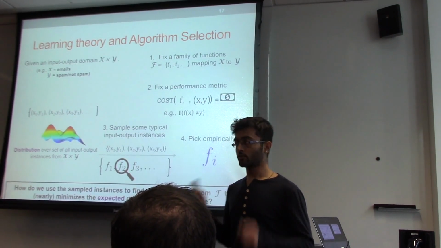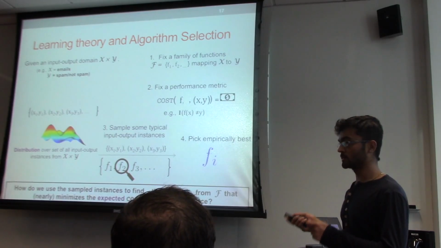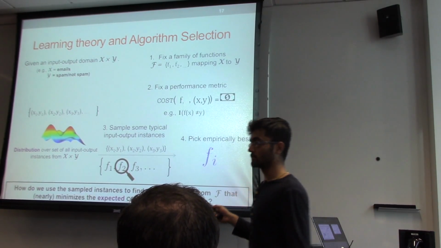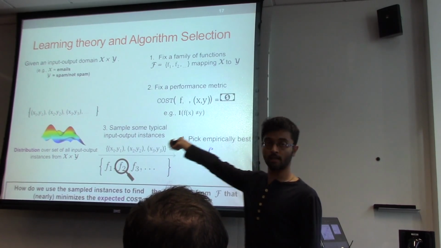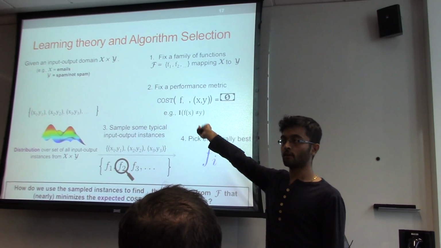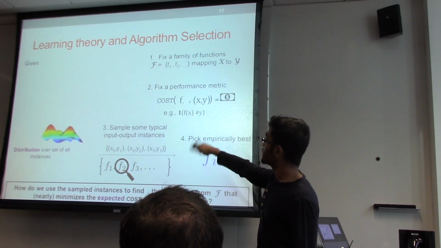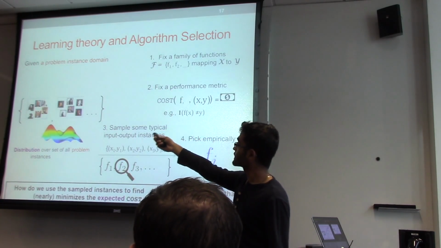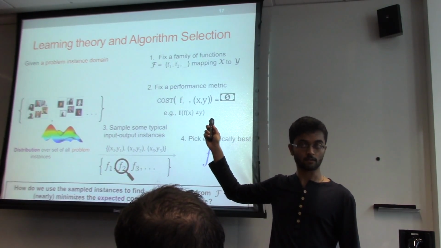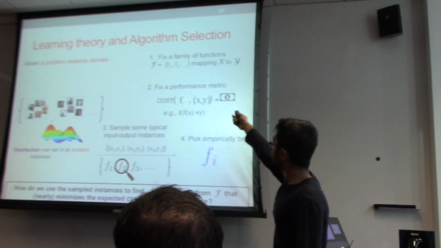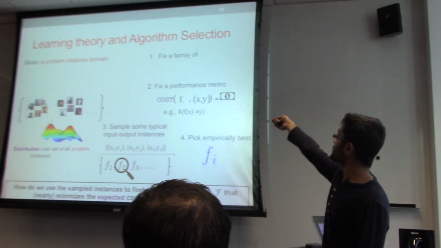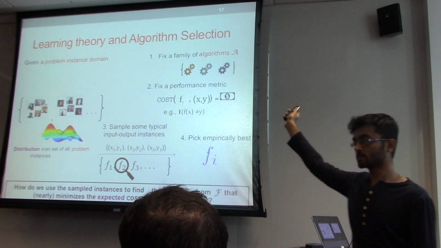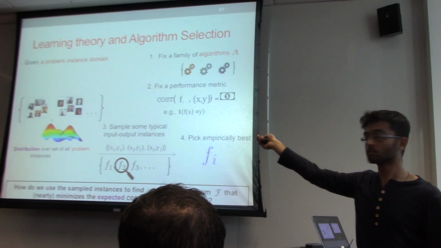Now I'm going to show you how the learning theory model parallels our algorithm selection problem. Recall that I have this input-output domain of email label pairs. Instead, in our case, we have the set of all problem instances. Recall that we had a set of functions, and we have to pick the best function. Now we have a set of algorithms, and you want to pick the best algorithm.